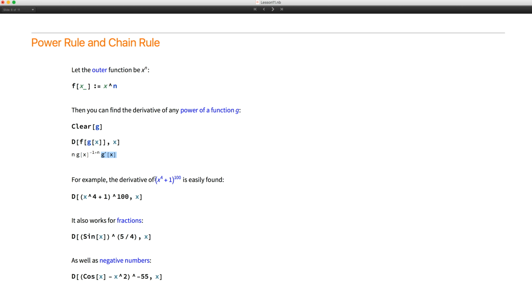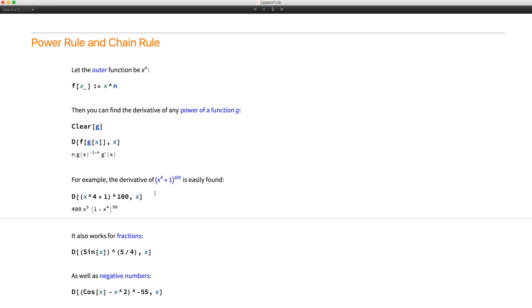So for example, if I said find the derivative of x raised to 4 plus 1, raised to 100, you can find quite easily because all you do is you do 100 times that raised to 99 times the derivative of x raised to 4 plus 1, which is 4x cubed.